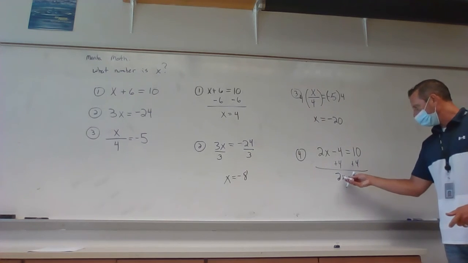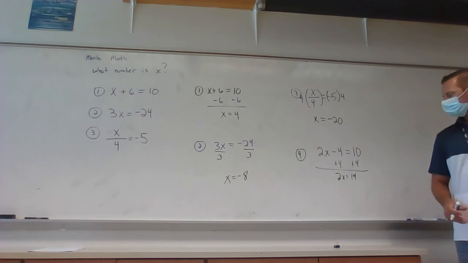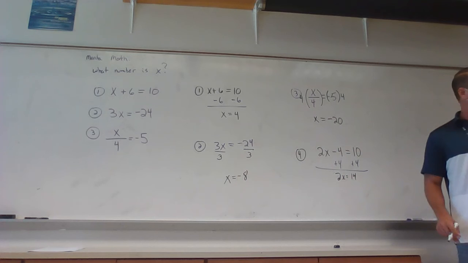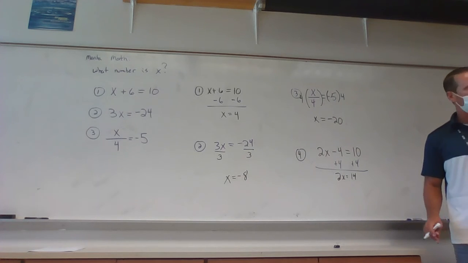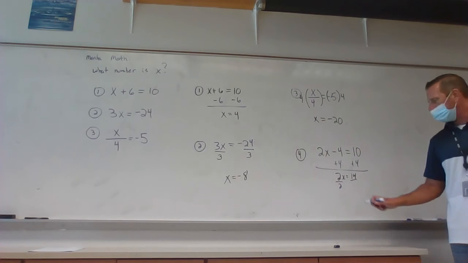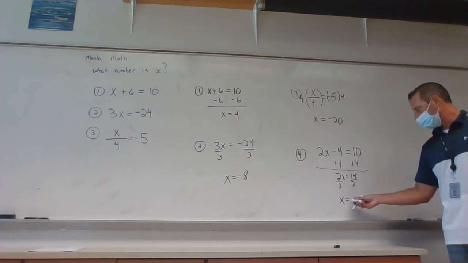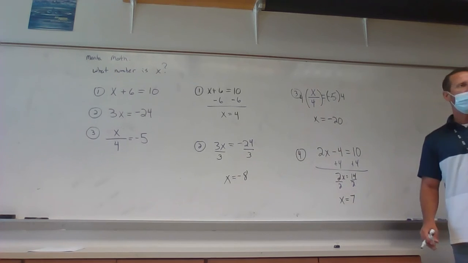We get 2x equals 14. Now this is 2 times x. The opposite of multiplication is division. Divide that side by 2. Divide that side by 2. And we get x equals 7. 14 divided by 2 is 7.